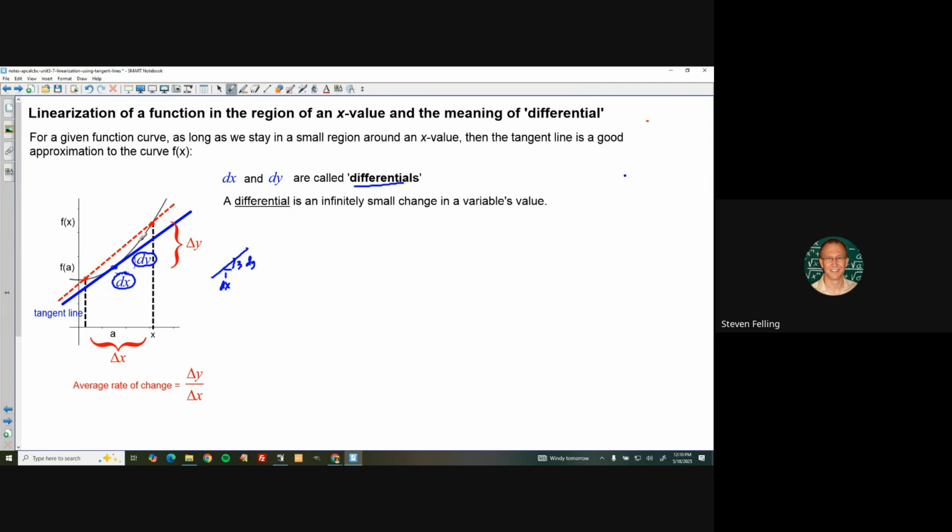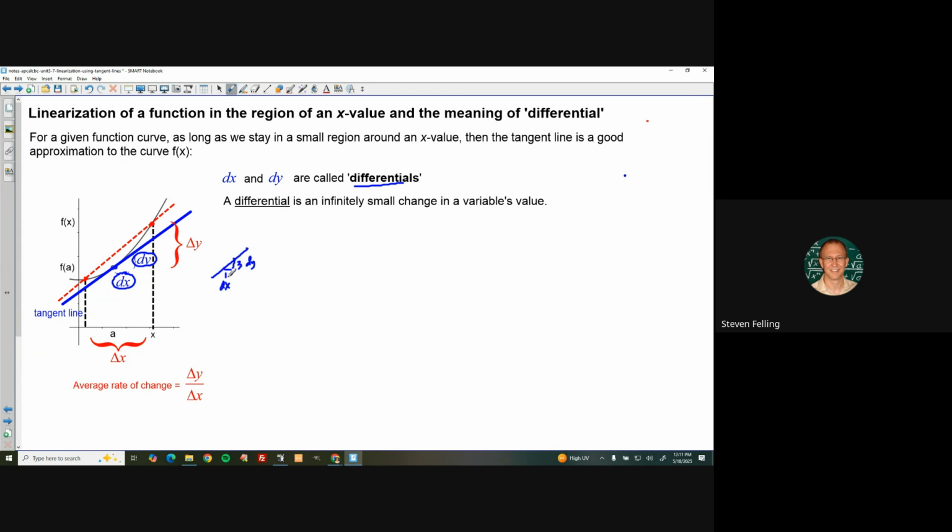So you could think of it as how sensitive is the y variable change to the x variable change. Let's say this is like wolf population versus the temperature in the forest or something like that. Then if the differential dy is 3 and the differential dx is 1, that means for every 1 degree C of increase in temperature, the wolf population increases by 3 times as much, right?